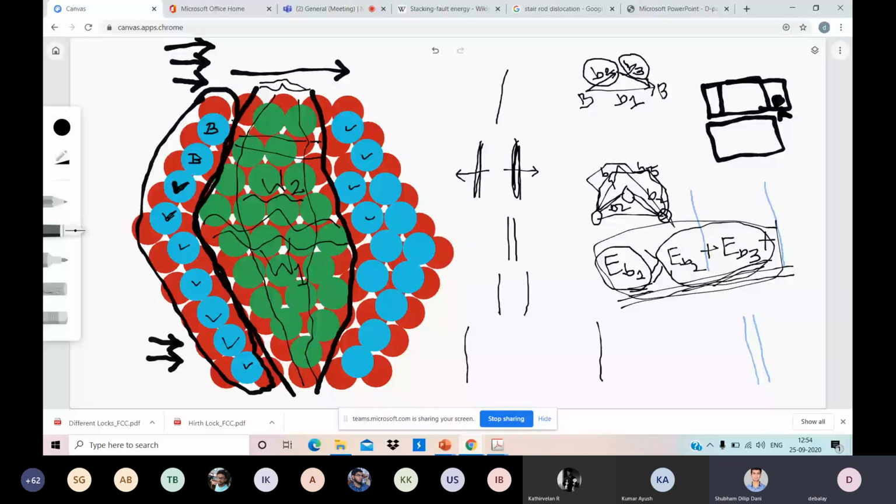Because you are creating a fault, it is associated with energy, stacking fault energy. Depending on the metal and alloy you are using, there is a certain value of stacking fault energy, which is represented in joule per unit area, so the unit is joule per meter square.